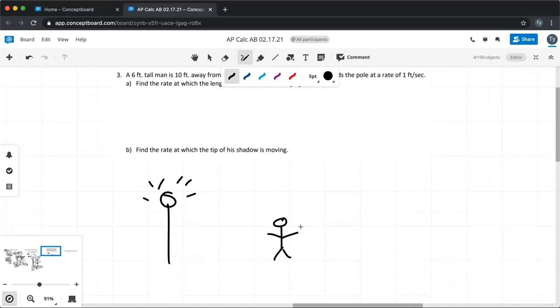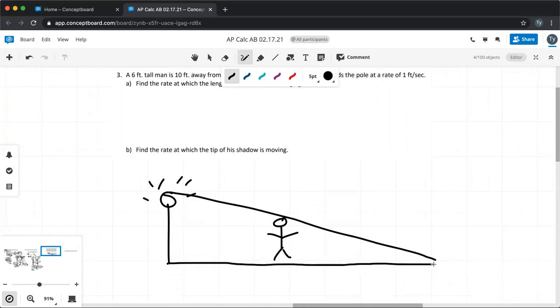And if the light's shining down on this man, we can kind of imagine that the tip of the shadow would be dictated by how high the man is and the distance he is from the light post. So the man is 6 feet tall, and the light post is 18 feet tall.